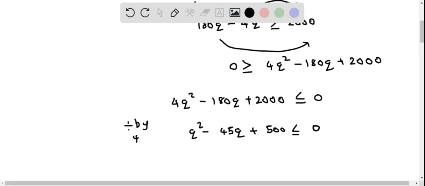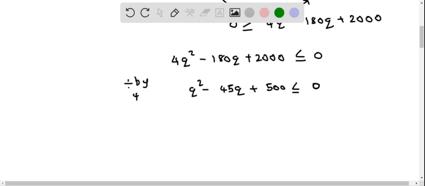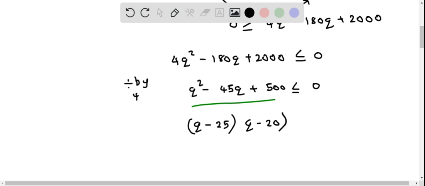Now we can factorize this quadratic expression. Q squared minus 45Q plus 500 can be factored into product terms as (Q minus 25) times (Q minus 20), and this is less than or equal to 0.